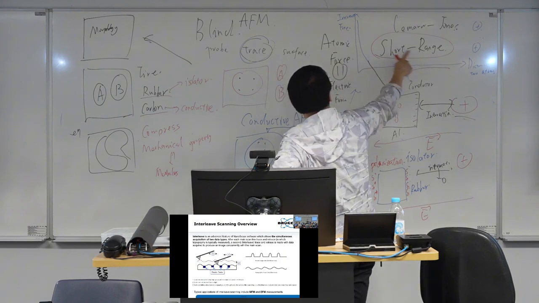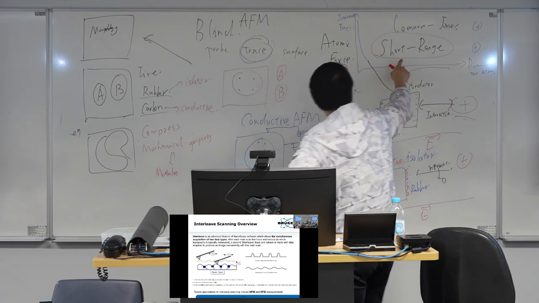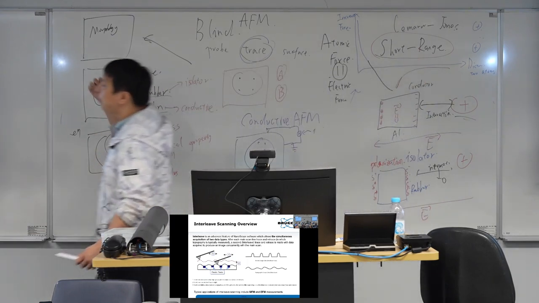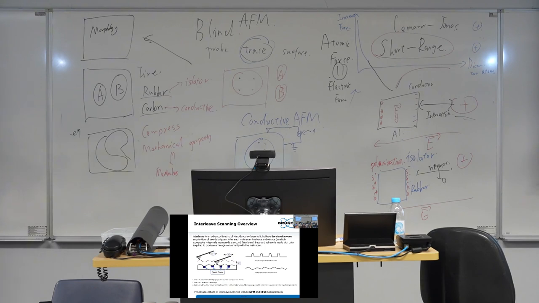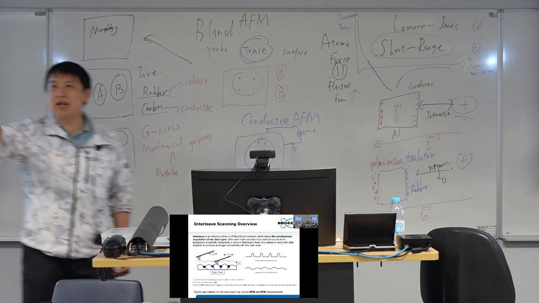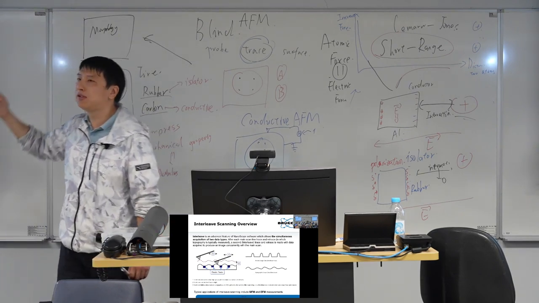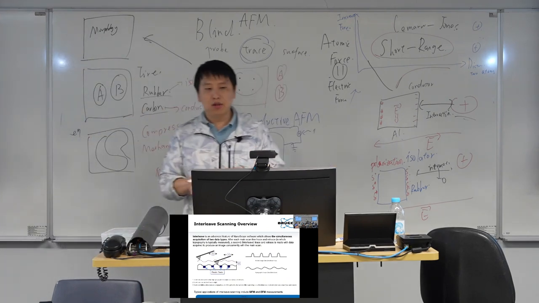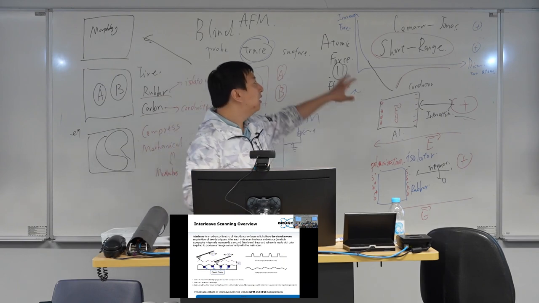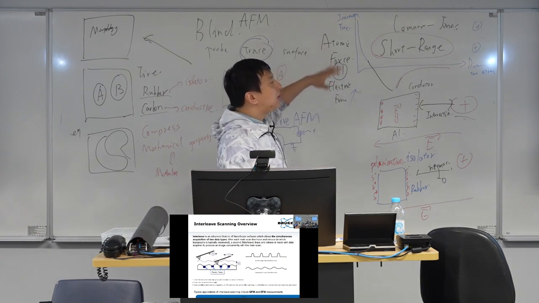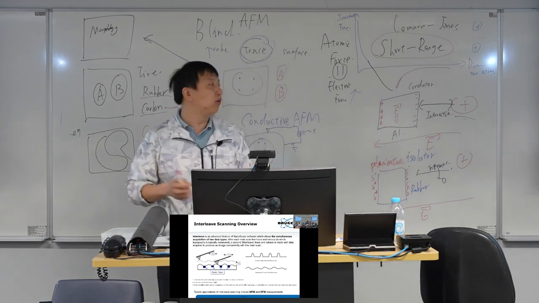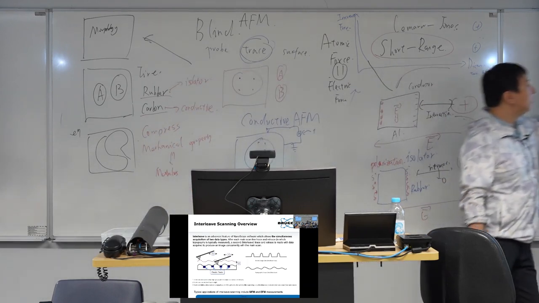The atomic force will only take place at short range. That means it will only happen if the tip touches the surface. If we lift the tip away from the surface, the atomic force is gone. So if at that time we still sense some force, it will definitely be from another source, for example, the electric field.